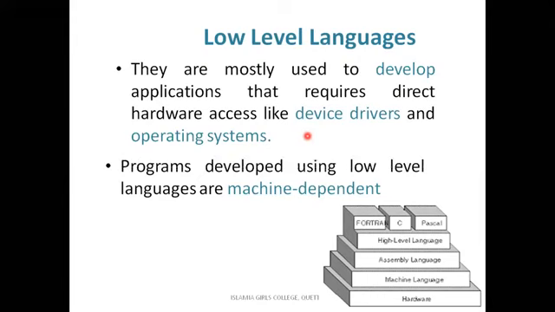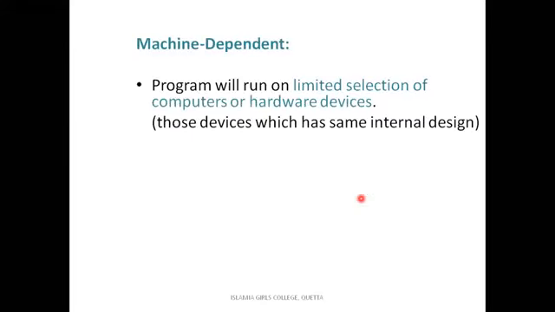Next point is that the programs which are developed using the low-level languages are machine dependent. Now I'll explain this term machine dependent to you. A machine dependent program is the one which will run on a limited selection of computers or hardware.